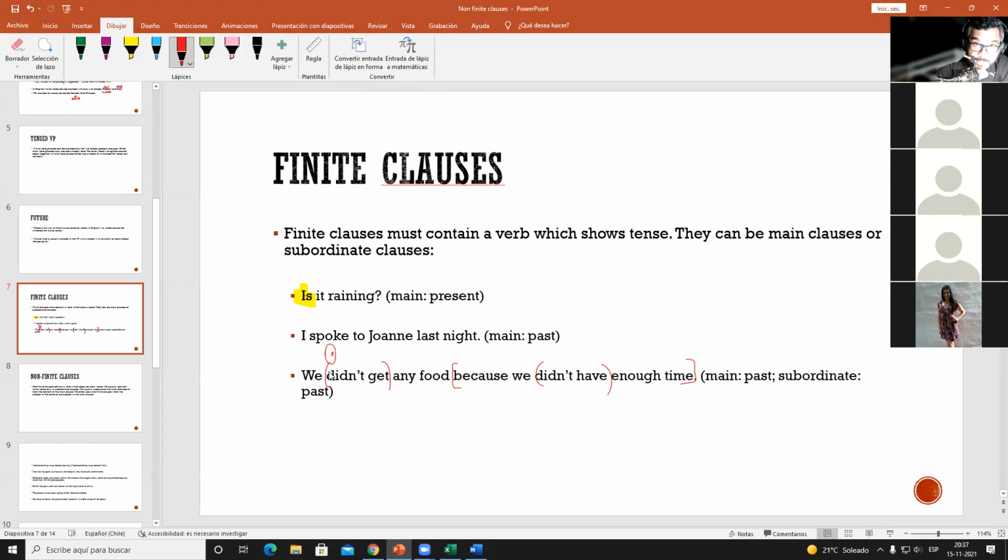Finite. ¿Y cuál tense es? Present or past? Past, ¿cierto? Porque está en past simple, past tense simple. Y la dos, didn't have. Igual. Is finite and with past tense. Finite past. Sí, buena, esa.